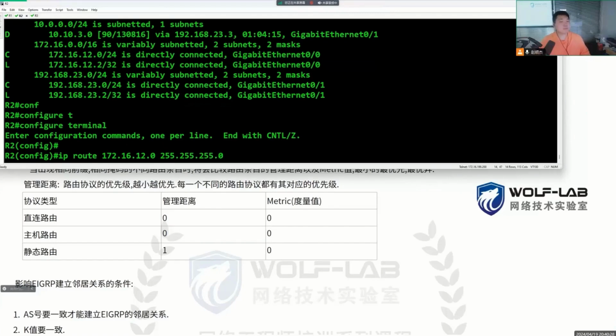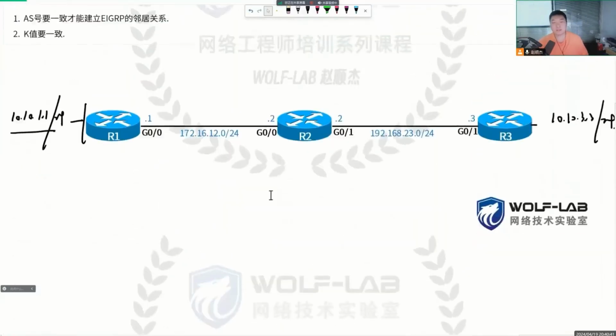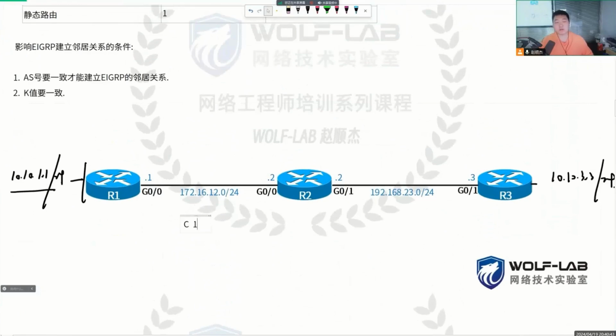Then the question comes, classmates: for a router, the left side is a direct route, 172.16.12.0, and on the right we write a static route, 172.16.12.0 with the same prefix and same mask but different route entries.